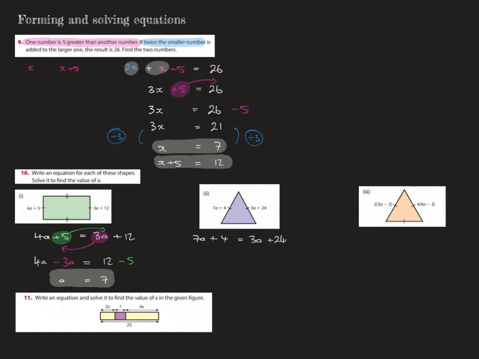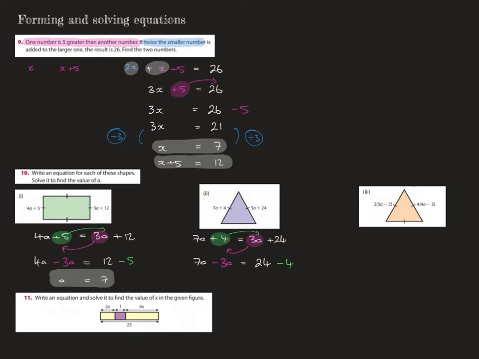So similar to the last one, what we need to do is bring all of our numbers to the right hand side and all of our letters to the left hand side. So the 7a is staying there, so we still have 7a. We're going to have a minus 3a equal to, we have 24 on the right hand side, and we're bringing across a negative 4 because it's going across, so it's turning from a positive to a negative, and we can see that there.